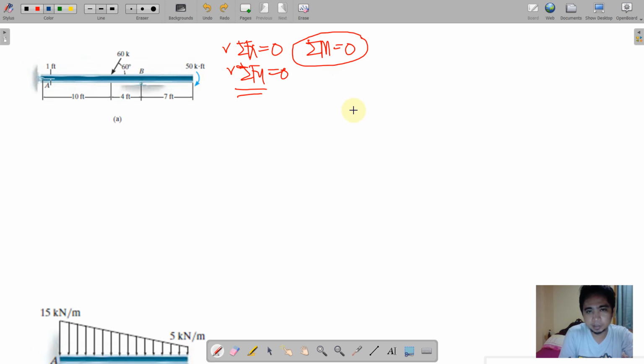Okay? As much as you can, kahit hindi magandang drawing mo, kahit man lang ikaw ang nakakaintindi ng drawing mo. Okay? So, as much as you can, your free body diagram should be comprehensive. That is why, in a solution, kailangan nating i-check yung solution because there are magical solutions.